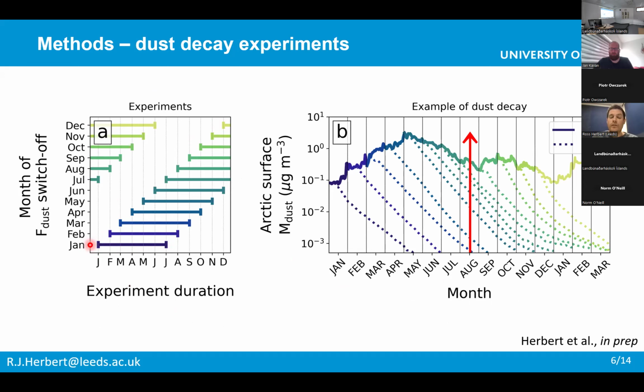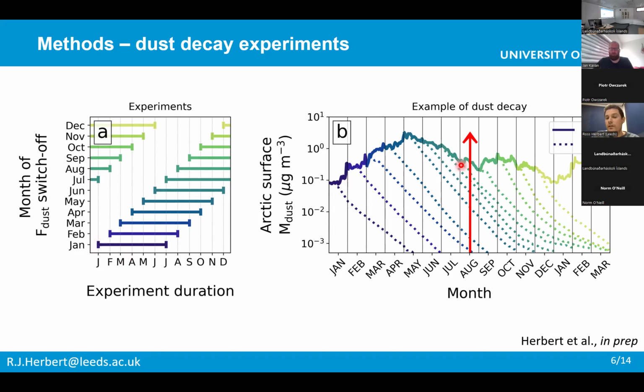Then we also have a paired simulation where at the beginning, following some spin up, we turn off all the dust emissions globally. So we're not allowed to emit the dust, but anything that's being advected from the lower latitudes to the high latitudes is allowed to continue, and removal processes, etc.